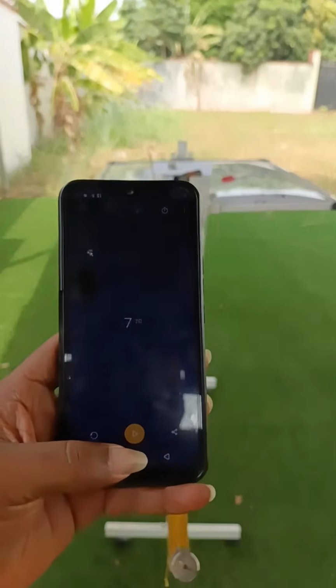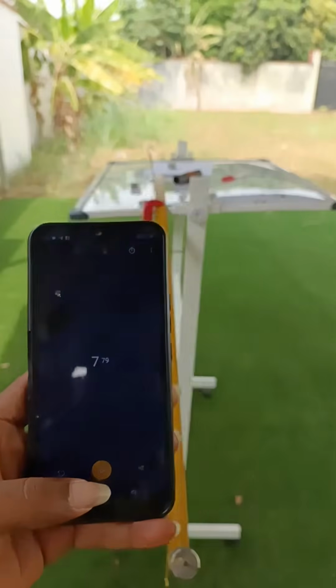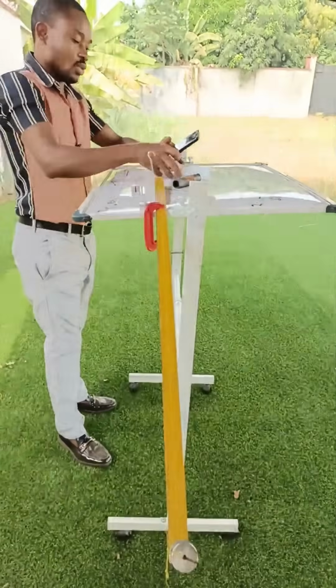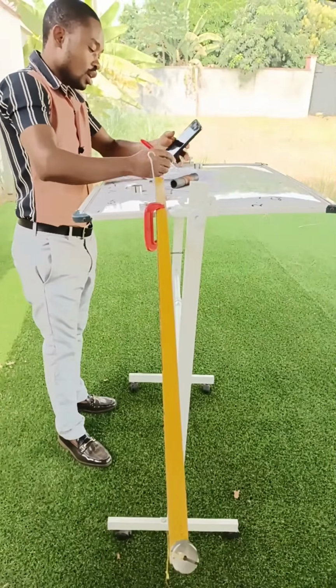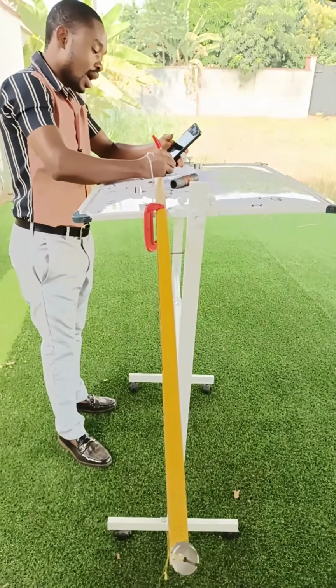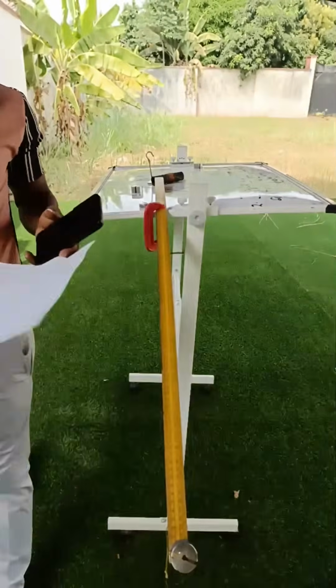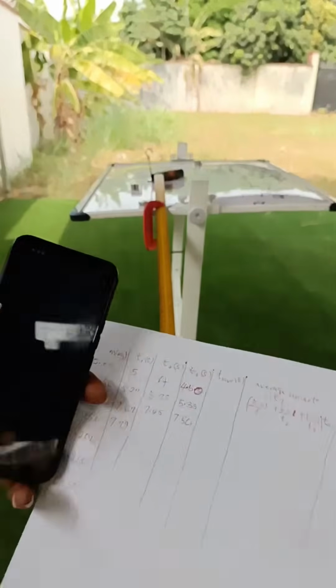The 10 gave us 7.79. 7 point what? 79. We have no choice than to record the 7 point what? 79.